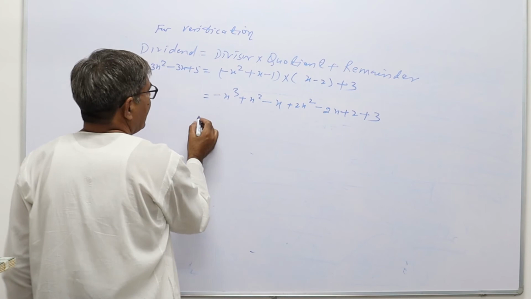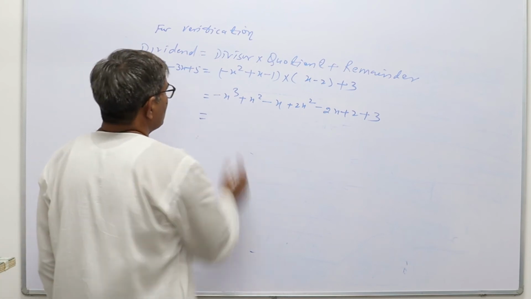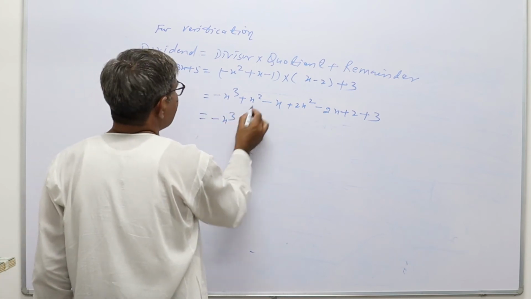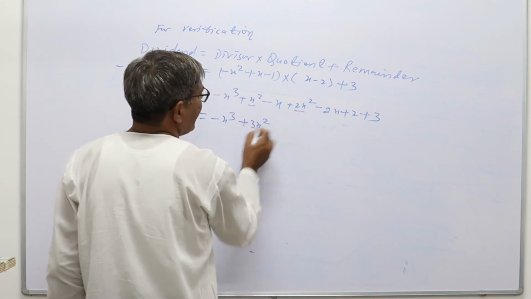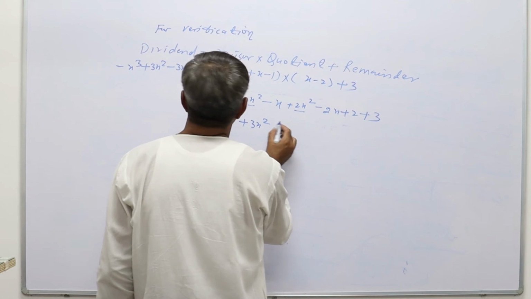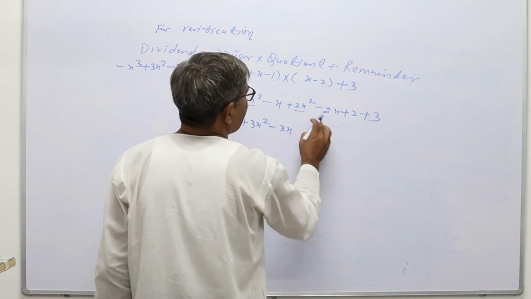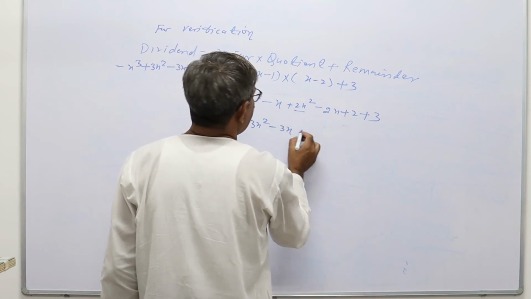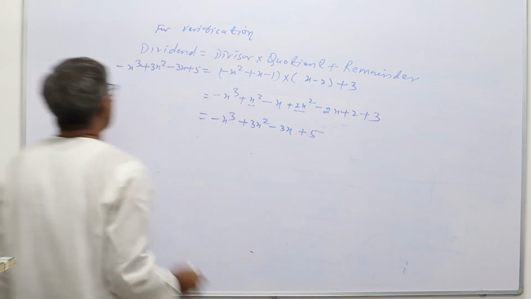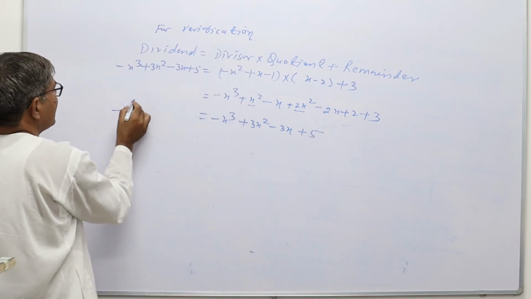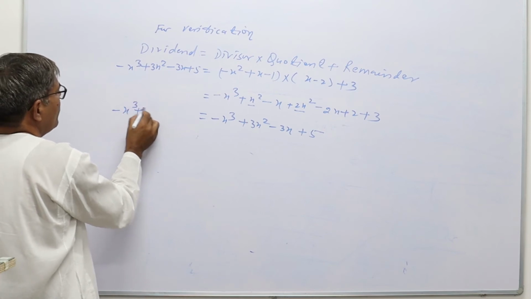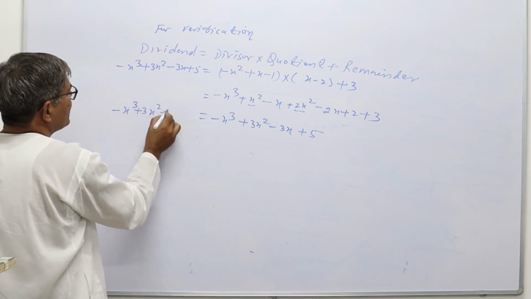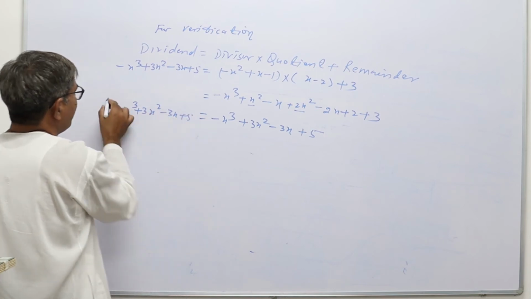Now add the corresponding terms. So minus x cube is as it is, x square plus 2x square, that is 3x square, minus x minus 2x, that is minus 3x, and plus 2 plus 3, that is plus 5. So is it equal? It is equal to the left hand side, that is the dividend, minus x cube plus 3x square minus 3x plus 5.